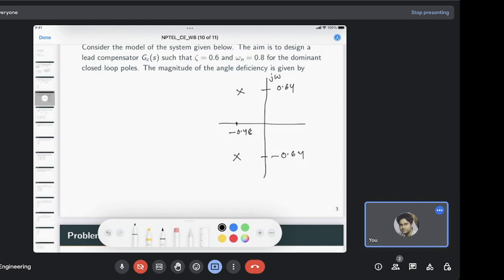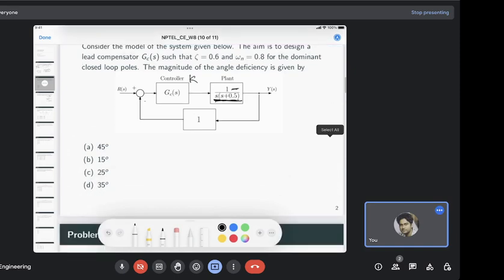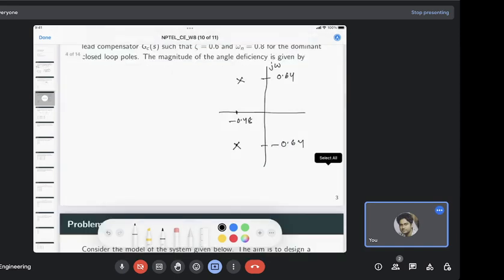Now, for this transfer function, there is no zero, but this open loop transfer function has two poles, at the origin and at minus 0.5. So one is located at minus 0.5 and one at the origin. What will the angle contribution be to this dominant pole?